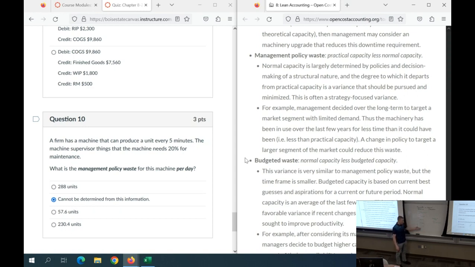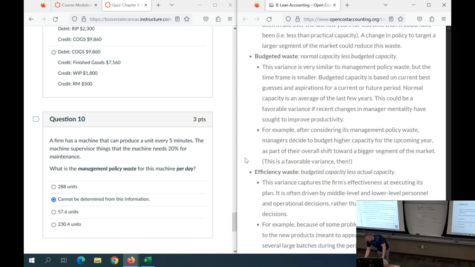If I'm tempted to budget 4 instead of the normal 15 credit hours, or 5 classes, and then I had to drop one, I'm dropping to 3. If instead I hold firm, normal's 5, I budget 5, and if I have to drop one, I'm dropping to 4. So by reducing the budgeted waste, I've pulled up all the wastes below it.